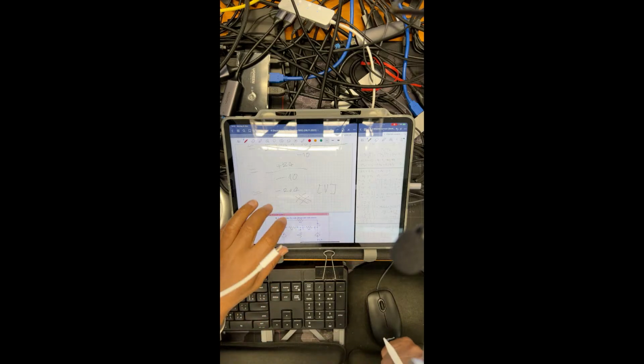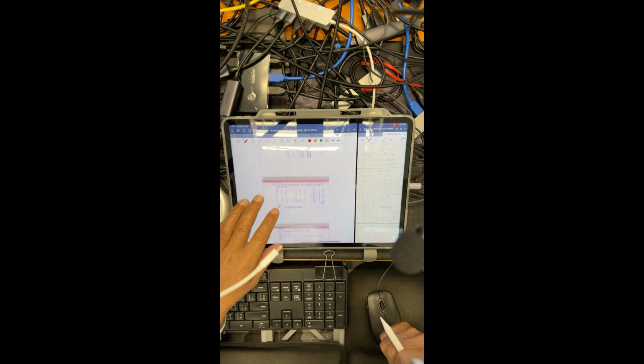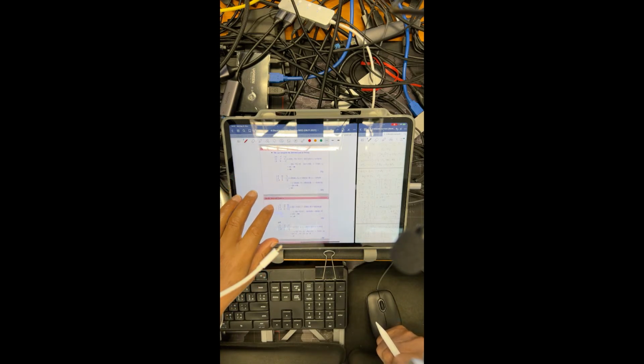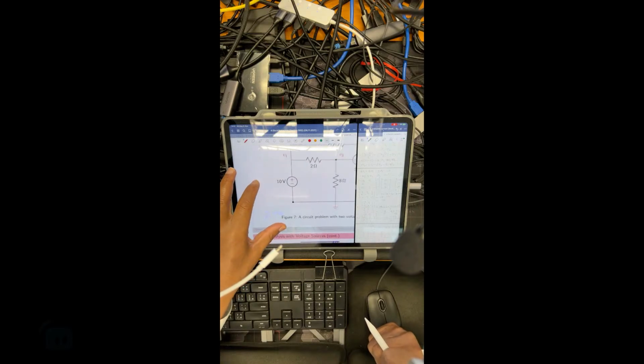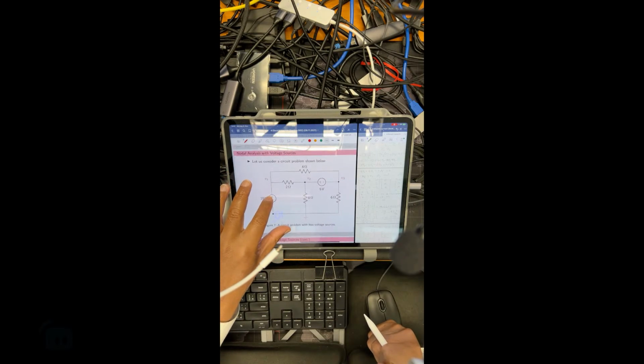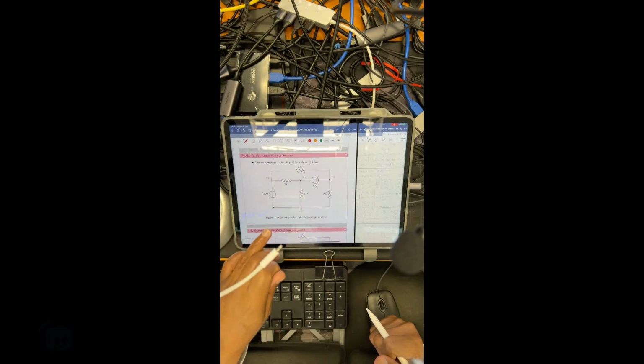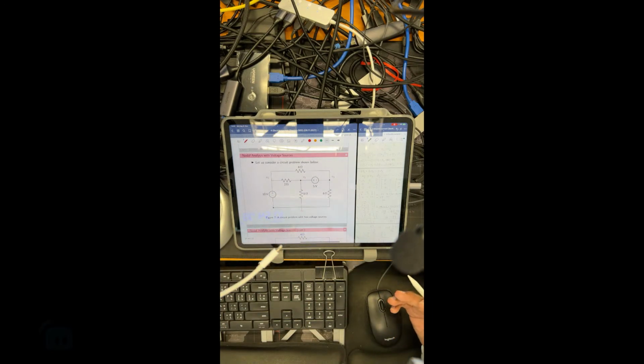Now let's move to the next problem. Tell me where you have questions. We arrive at the last problem of this chapter, and it will actually be the exam problem.